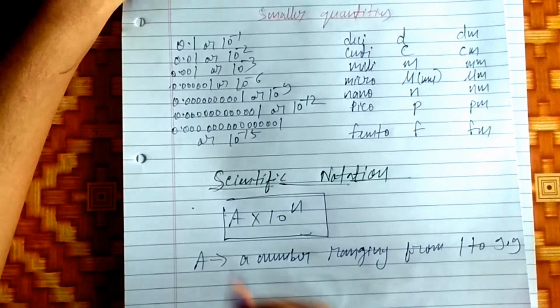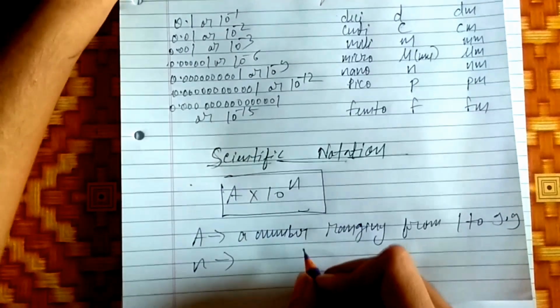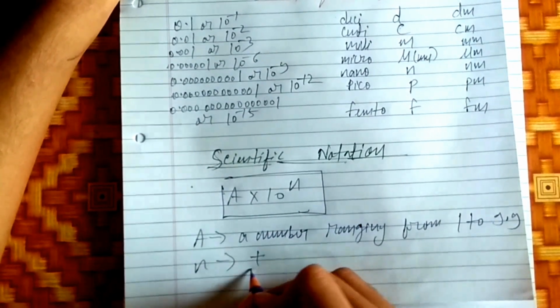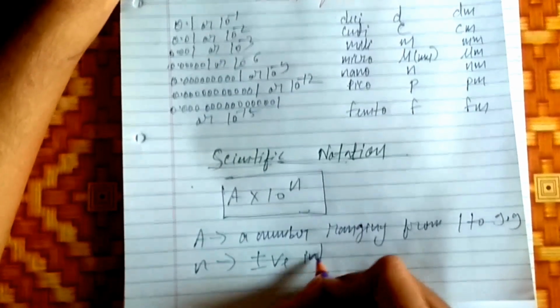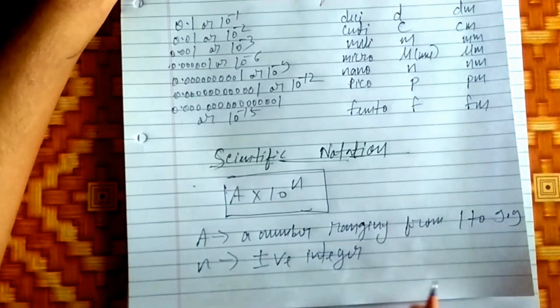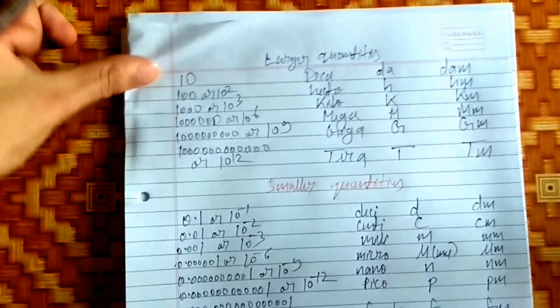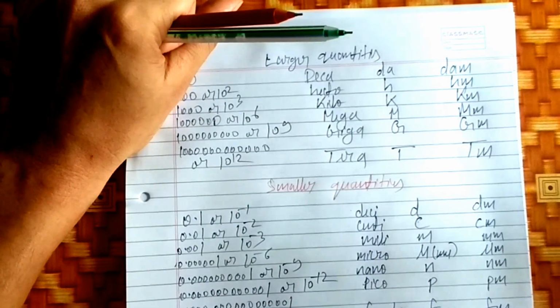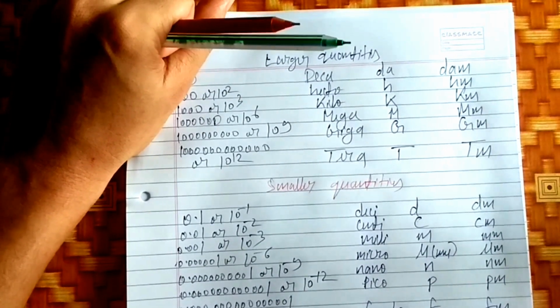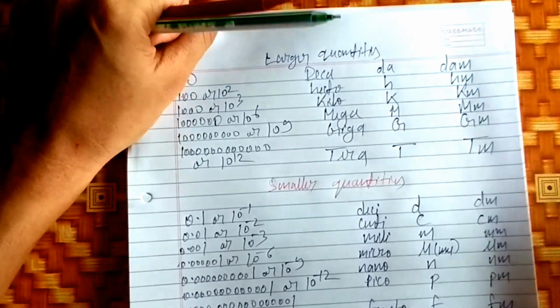And n is a positive or negative integer. So this was scientific notation. We can express any number in the form a into 10 to the power n.